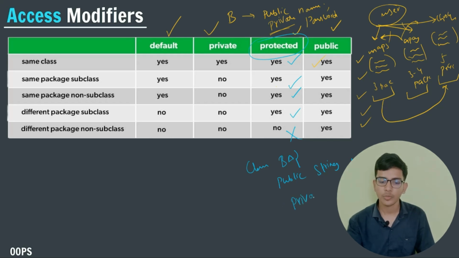For that I will create private int password, right? This can be accessed within this class only. If I am inside this class, then only I can access private, or else I can't access it. It will show me an error, right? I can't access it within the subclass, within the package, within the subclass package, or outside of the package.